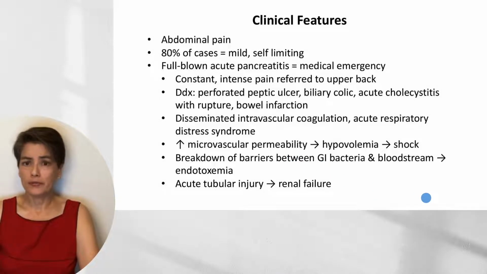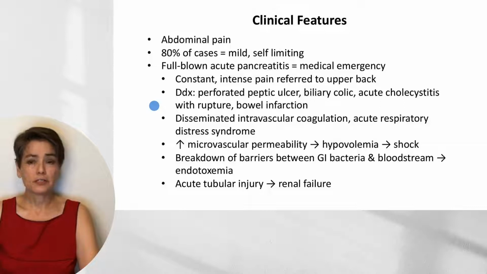Almost all of them will present with abdominal pain. Now, fortunately, about 80% of cases are mild and self-limiting, because full-blown acute pancreatitis is a medical emergency. These individuals are going to present with constant intense pain that's referred to the upper back, and they may have had previous events of acute pancreatitis.